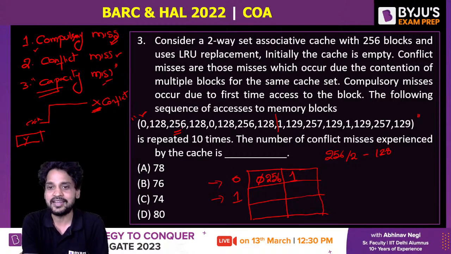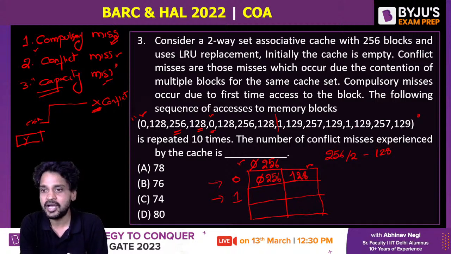Right after which 128 is a hit. Right after which 0 is now a miss. 0 is a conflict miss, so 0 will be here. 128 is a hit. Then 256 is going to replace 0. Now how many conflict misses for this? 2. Initially I got 2 here.